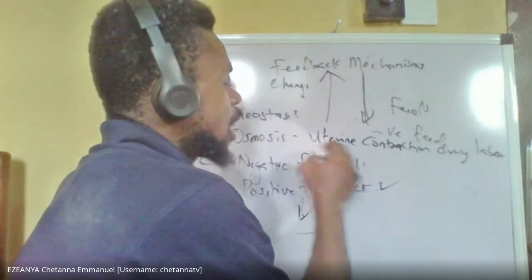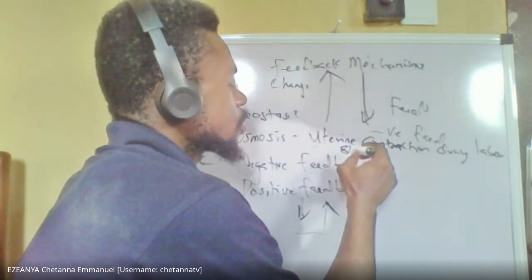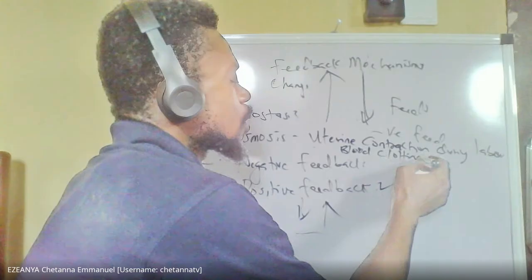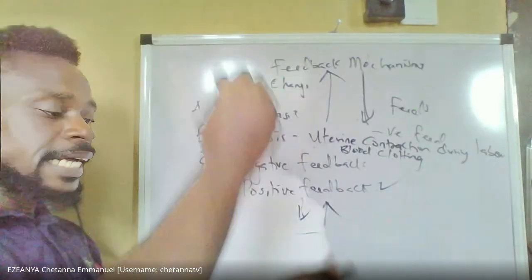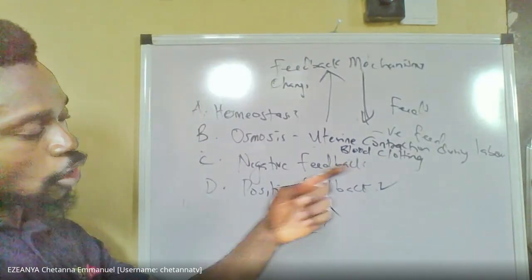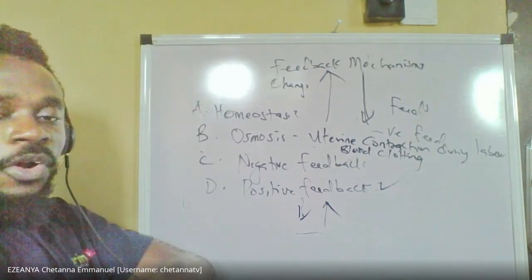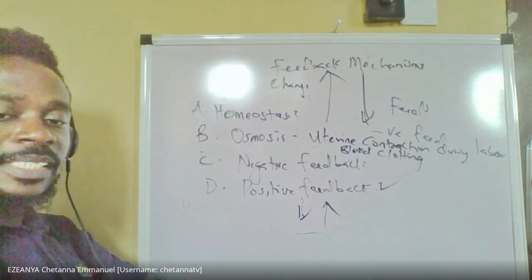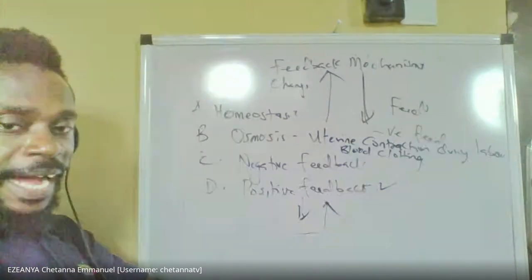The other one is what? Blood glucose reduction. No, that one is negative feedback. Okay, talking about positive now. Blood clotting. Blood clotting is a positive feedback mechanism.